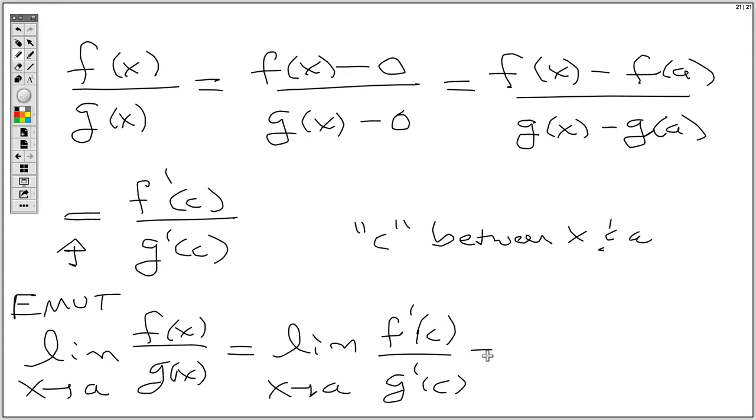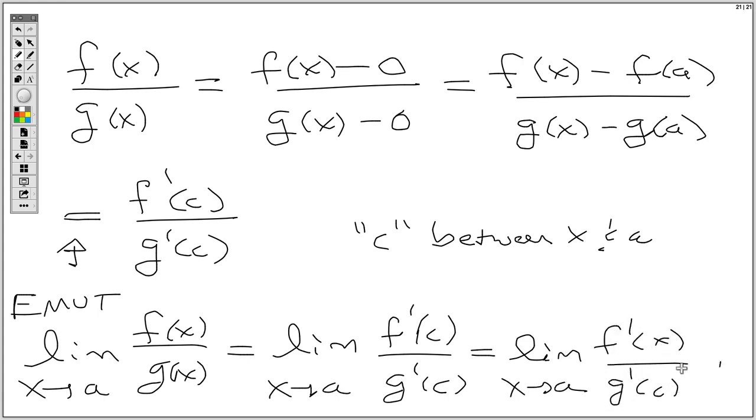So I can just change everything back and put the x's back in. So that's going to be the same limit as f prime of x over g prime of x. Okay. So that's a more formal proof of L'Hopital's rule using the mean value theorem.